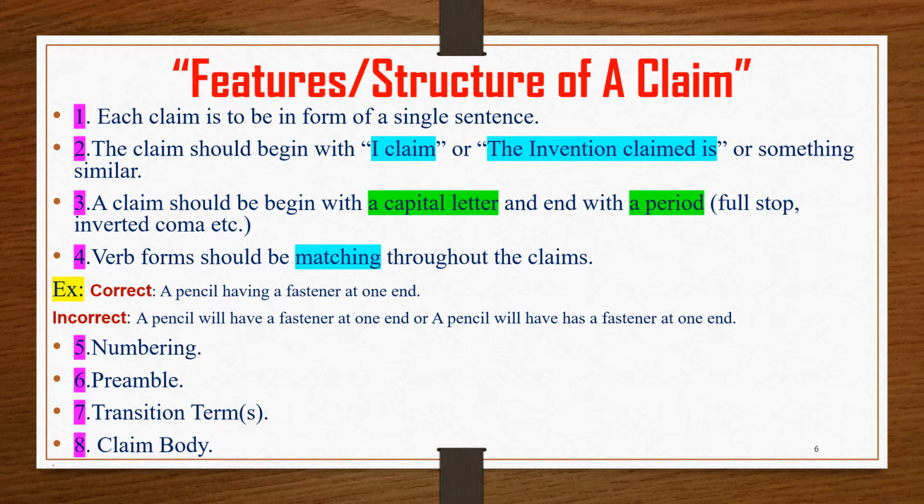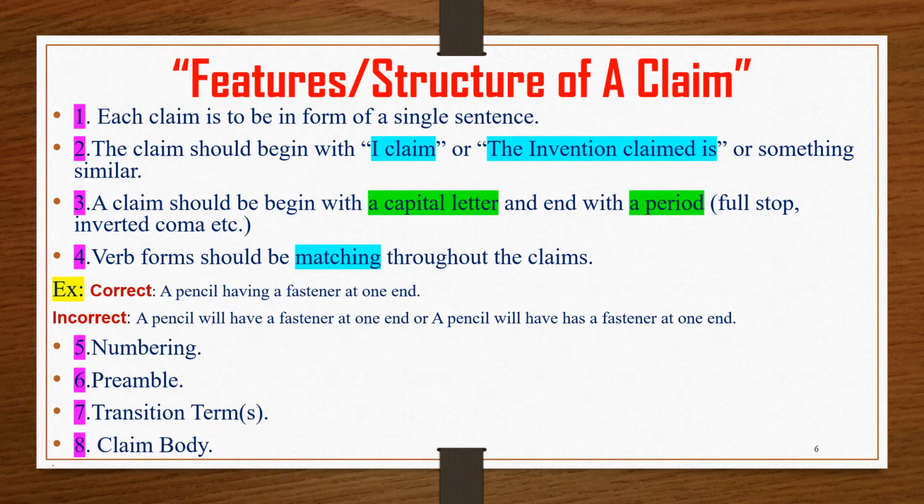Point number four, verb forms should be matching throughout the claims. Okay, that means the verb forms should be matching throughout the claims. Fine. For example, to understand it better: correct is a pencil having a fastener at one end.